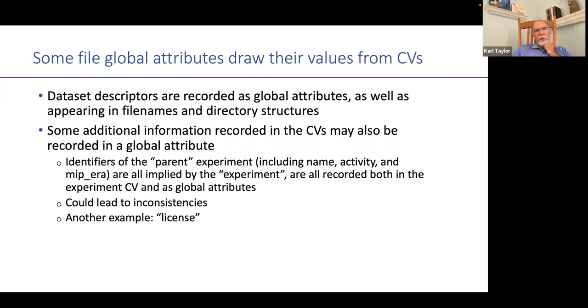And there we could modify the license if a modeling group decided to change it. Whereas if they'd written 1,000 files, it'd be much more difficult to modify the license that appeared as a global attribute in the file. So in this case, you can see that the true license that applies to a data set is recorded in the CV, and it may sometimes be at odds with what has been recorded as a global attribute.